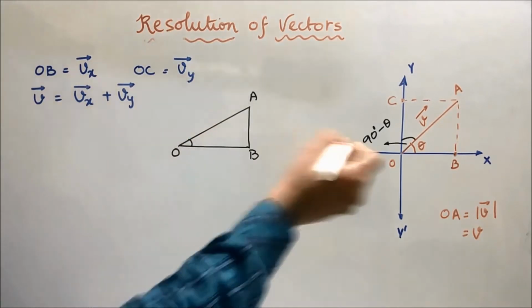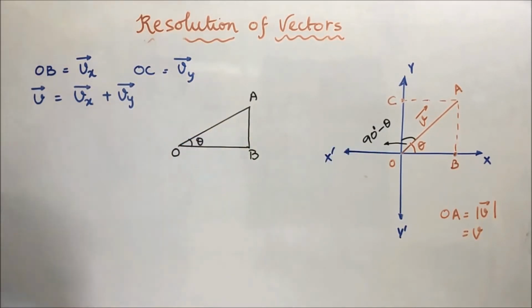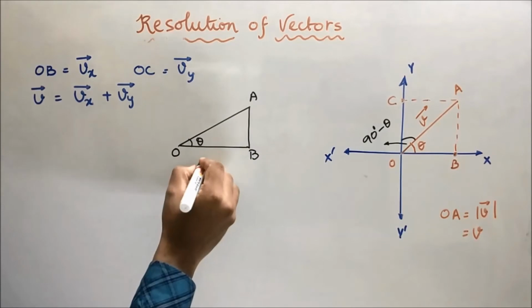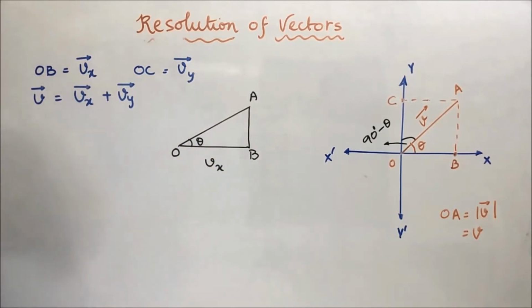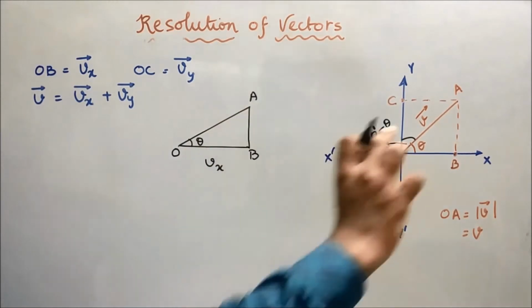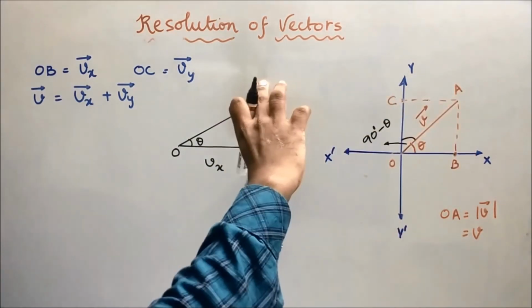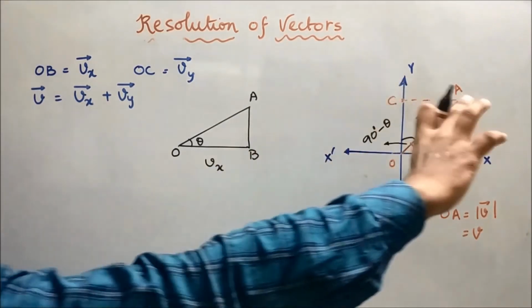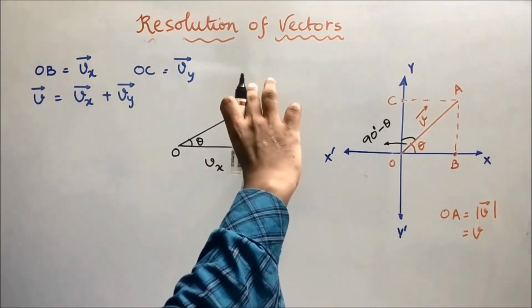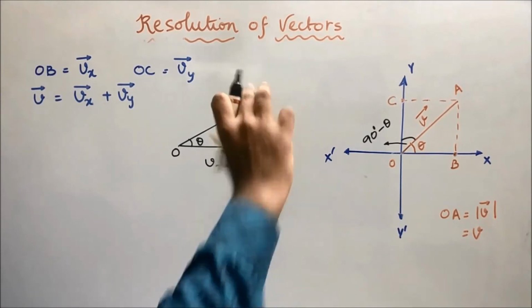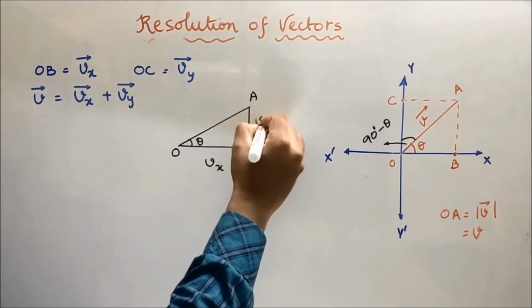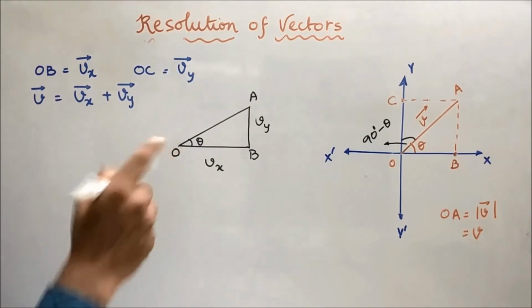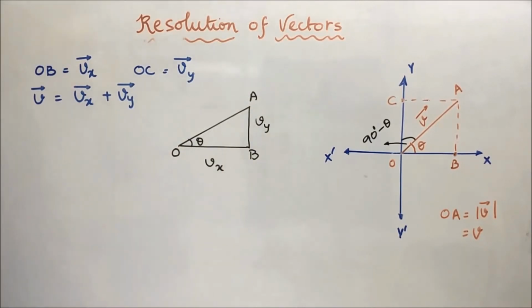This angle is theta. This length is Vx. I'm just taking the magnitude part. And this length AB is parallel to OC, so AB is nothing but OC, which is the y component of V. Again, I'm taking just the magnitude part.